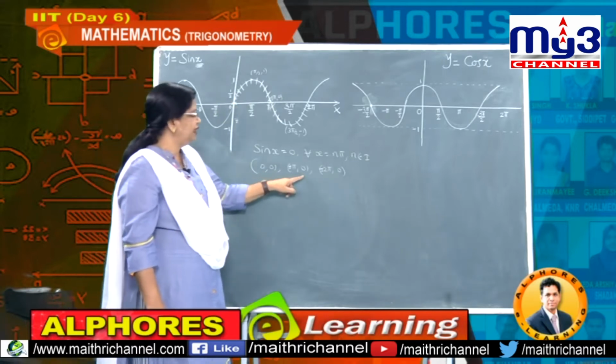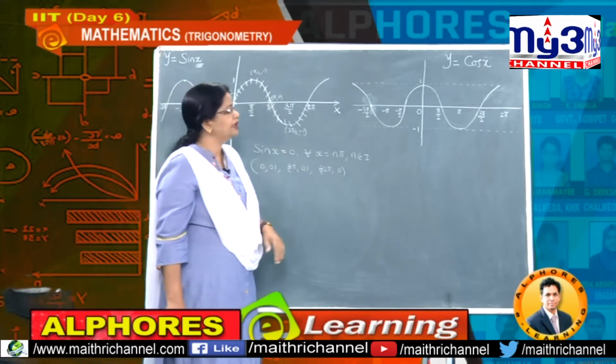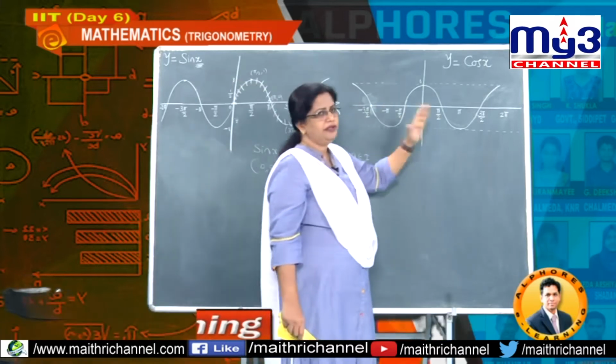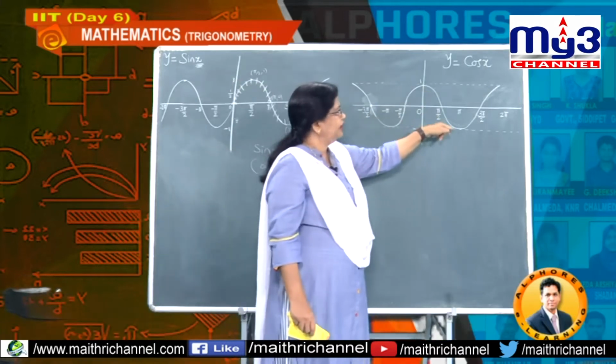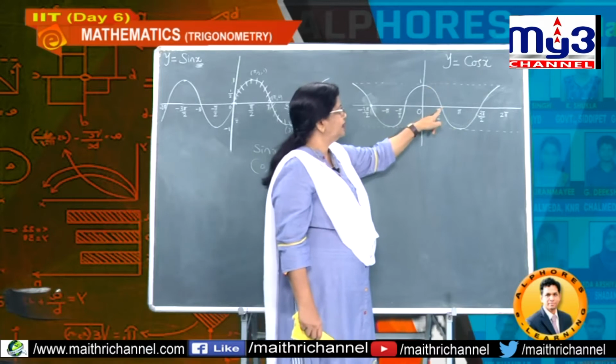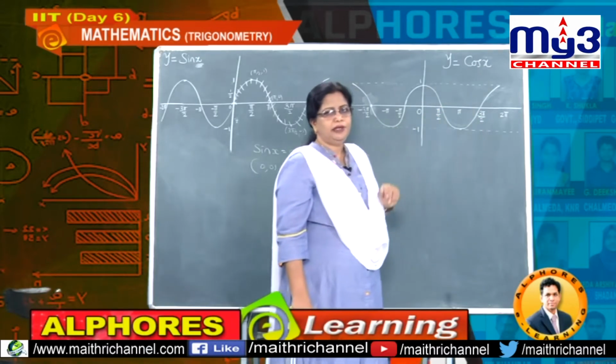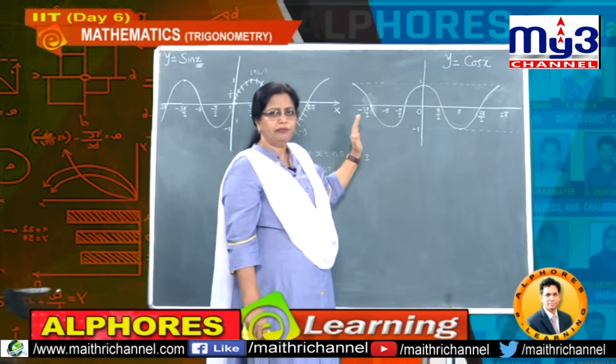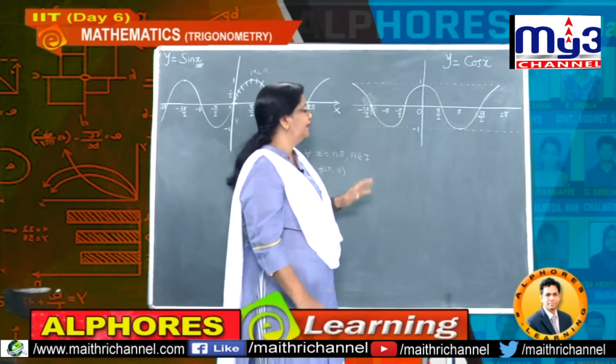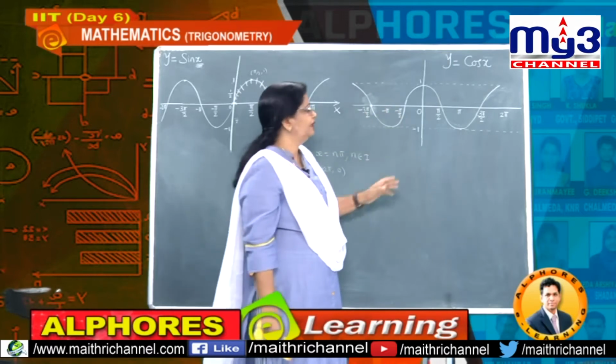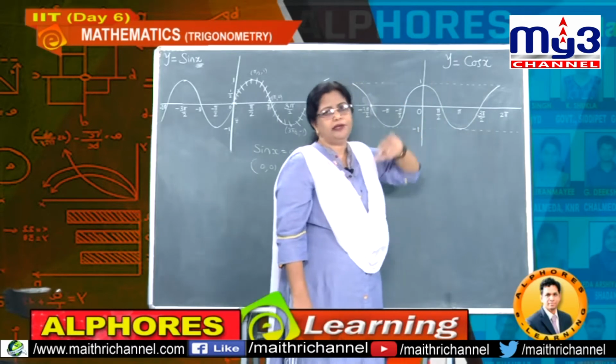So these are the values you got from the sine function, and in the cosine function you observe the curve is meeting the x axis at the points pi by 2, and here 3 pi by 2, minus pi by 2, minus 3 pi by 2, etc. What are these values actually? Odd multiples of pi by 2.